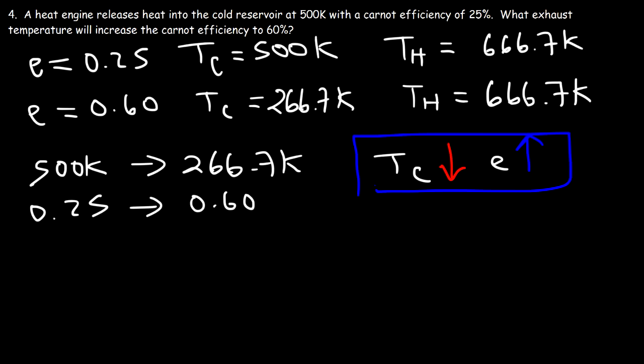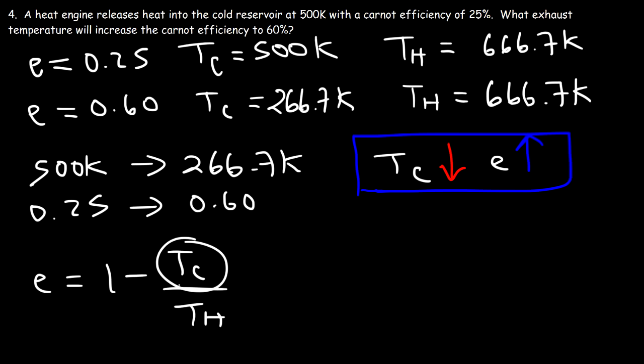So these two are inversely related. And it makes sense because if we look at this formula, Tc is in the numerator of the fraction. And if you decrease the numerator, you decrease the value of this fraction. And so 1 minus that fraction would actually increase the efficiency.